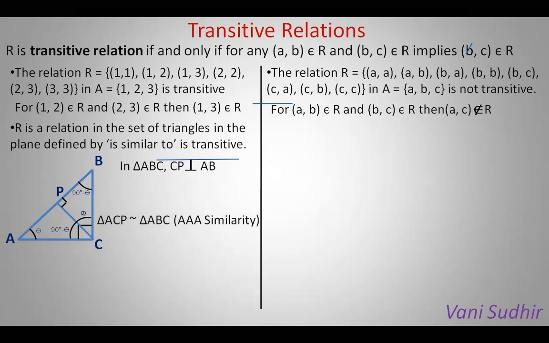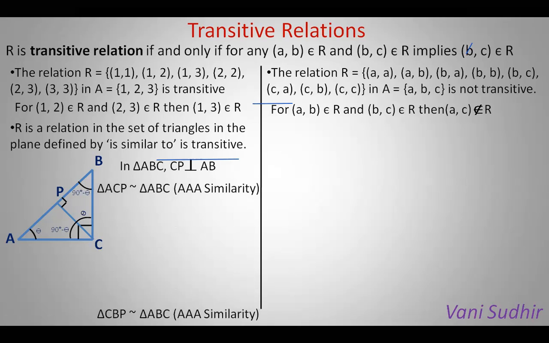See, triangle ACP is similar to the whole triangle, because in all the triangles you have 90 degrees, theta and 90 minus theta. If corresponding angles are equal, they are similar. And another triangle, CPB, is similar to the whole triangle. These two triangles are similar to the whole triangle.